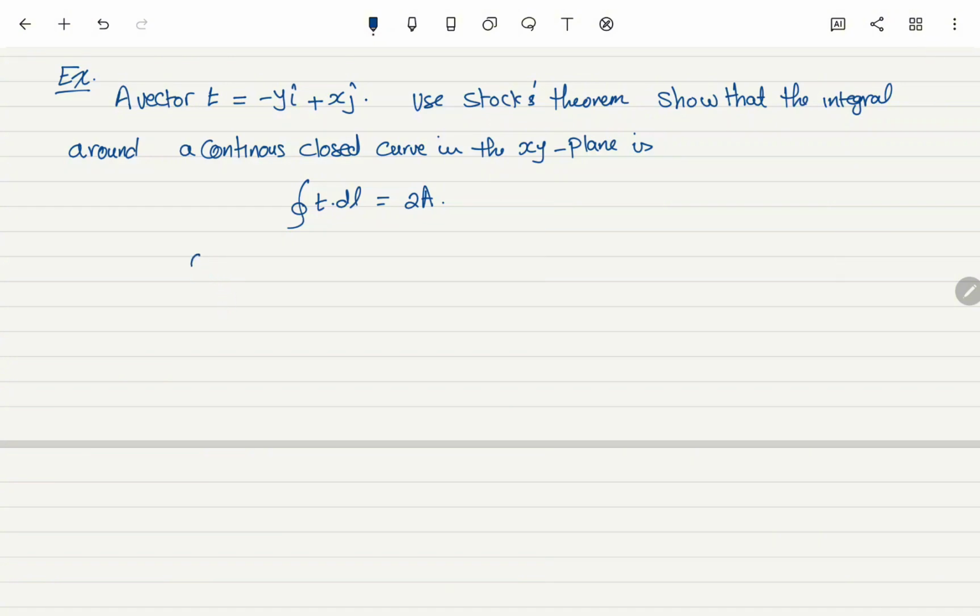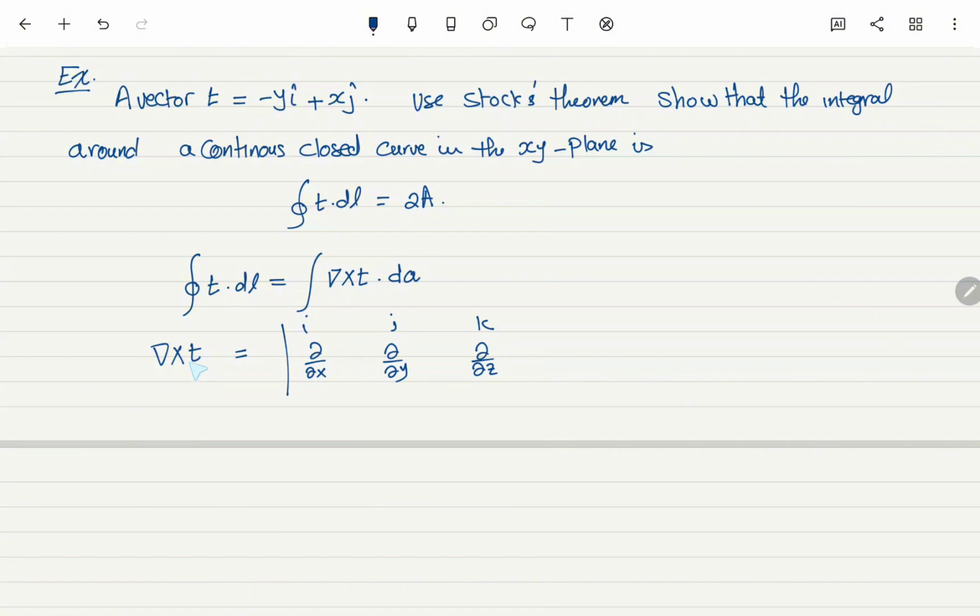So with the aid of Stokes theorem, the closed integral of t dot dl is equal to the integration of curl t dot d area. Now let's find curl t. Open a determinant: i, j, k, partial x, partial y, partial z.